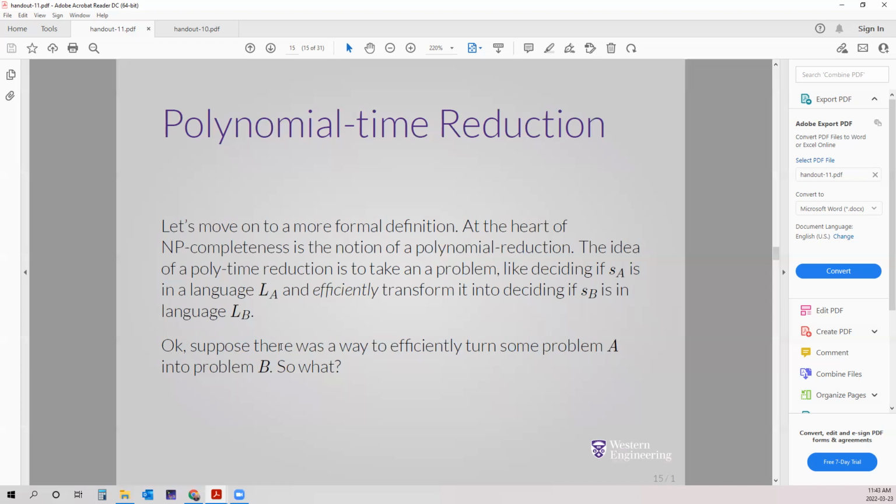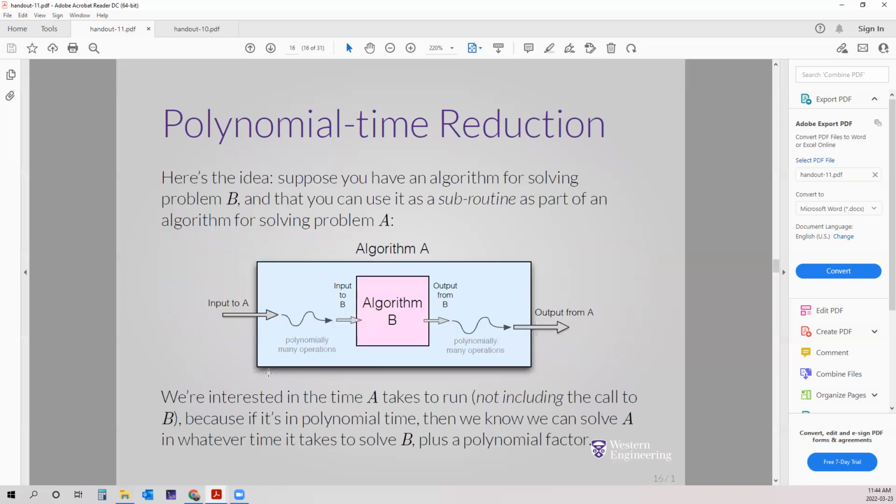Assume that we have a way to efficiently transform problem A into problem B. So what? If we can turn problem A into problem B, what does that mean?